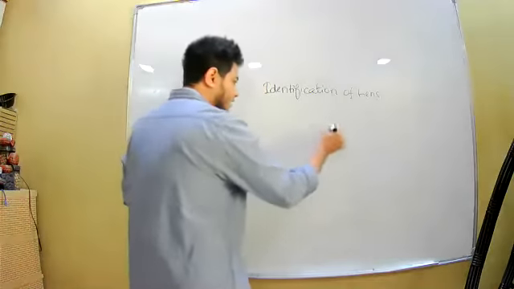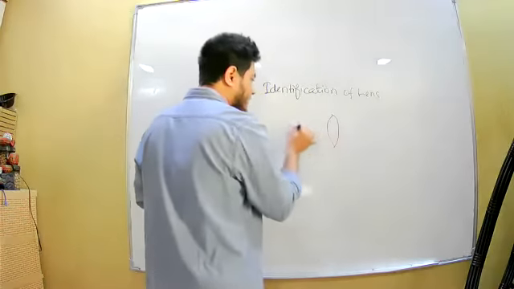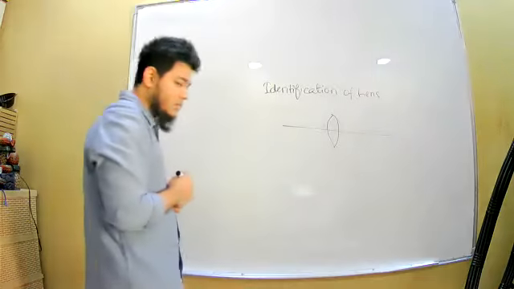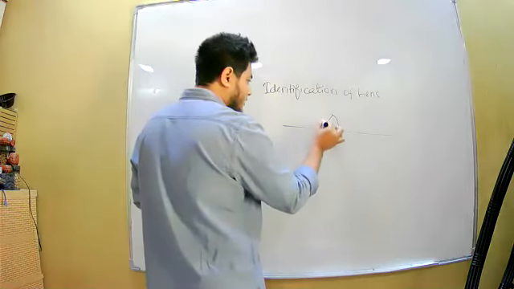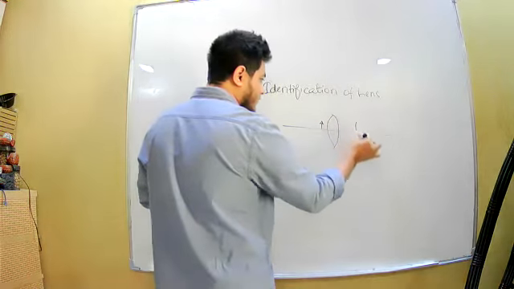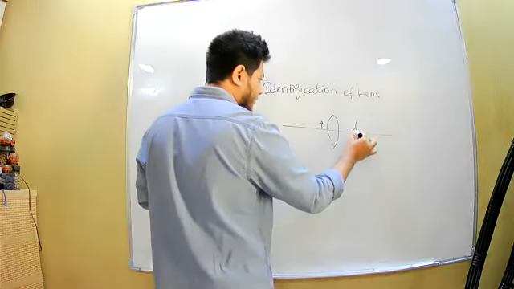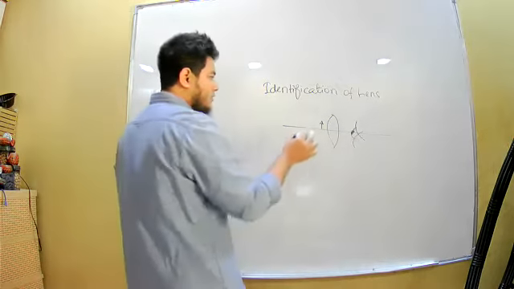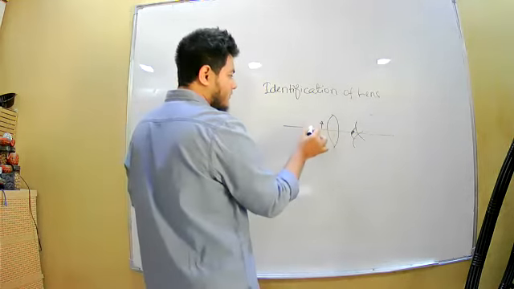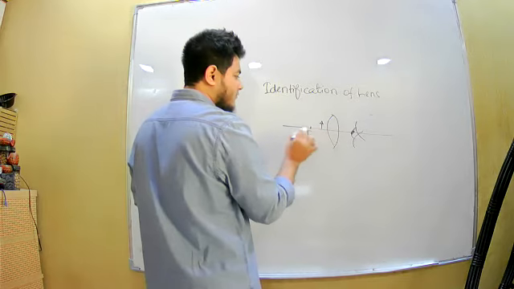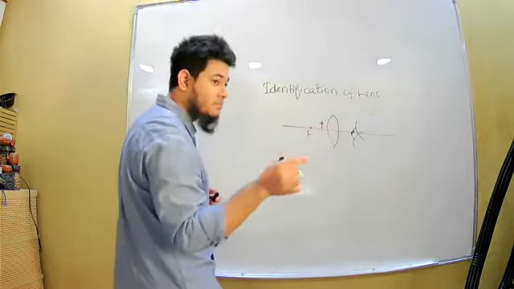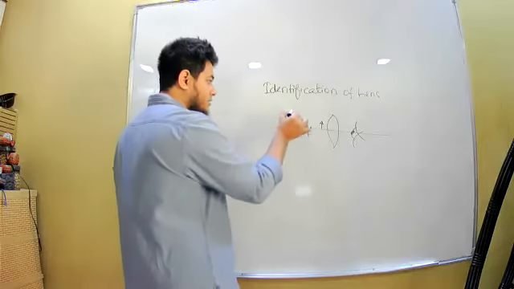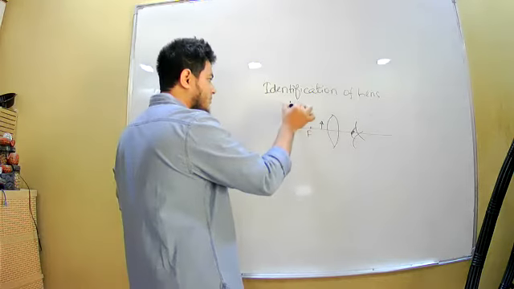So let us say the lens we have in front of us. If we hold a finger over here and we are looking from this side, then what will happen? We know that if the object is kept before the principal focus in case of a convex lens, that is option number 6, we will get a magnified image.